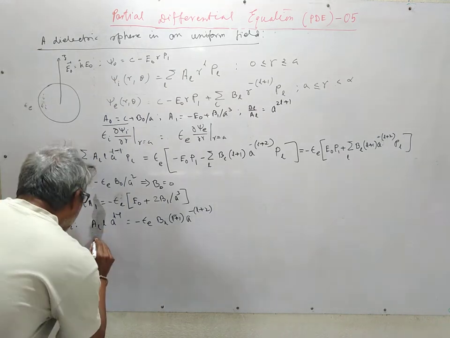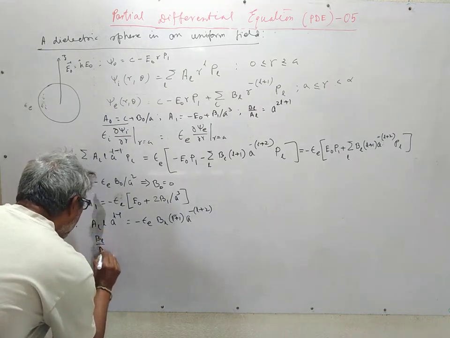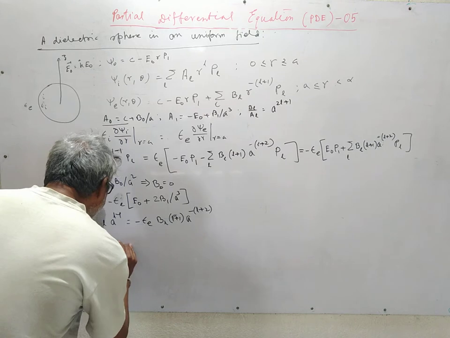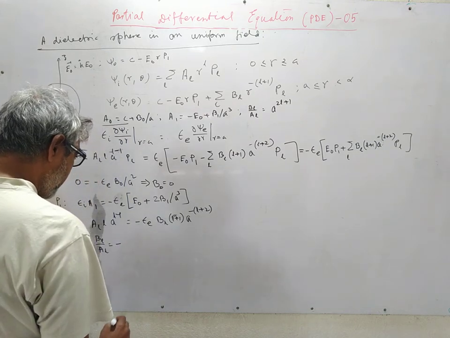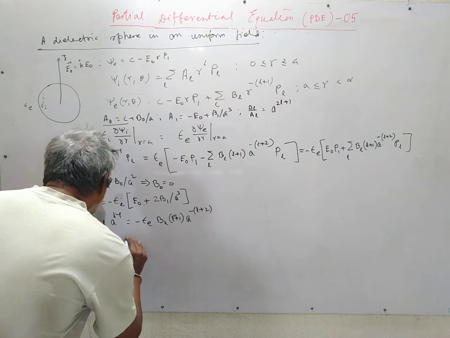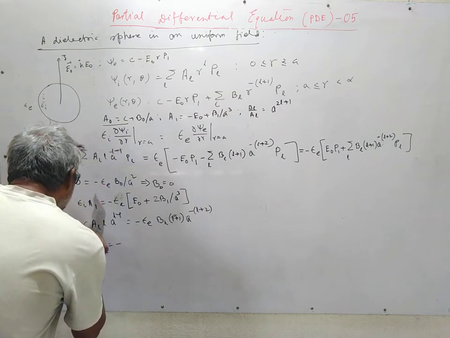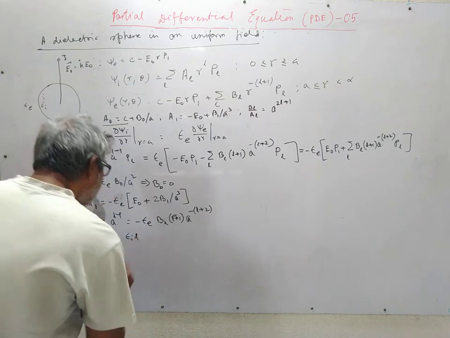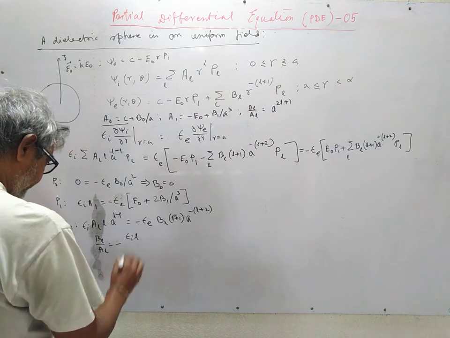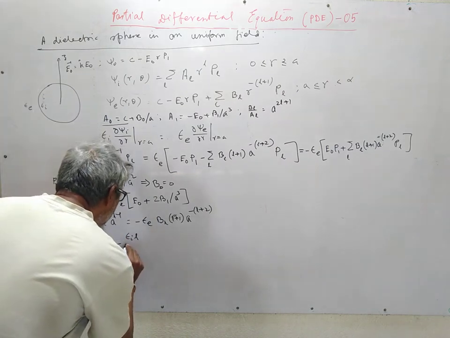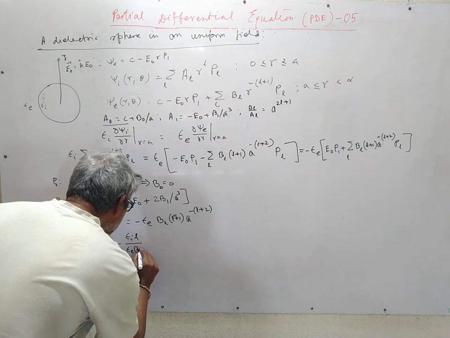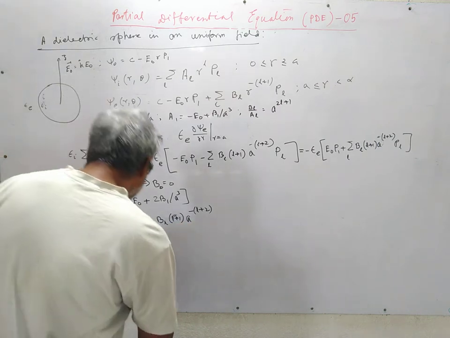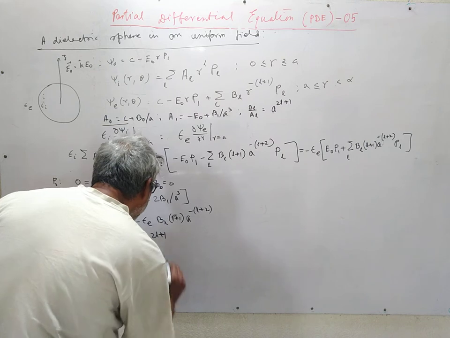From here we get BL by AL is equal to minus, oh, here I have missed epsilon I. Epsilon I times L, L plus 1, and when this goes to the other side, this is A to the power 2L plus 1.